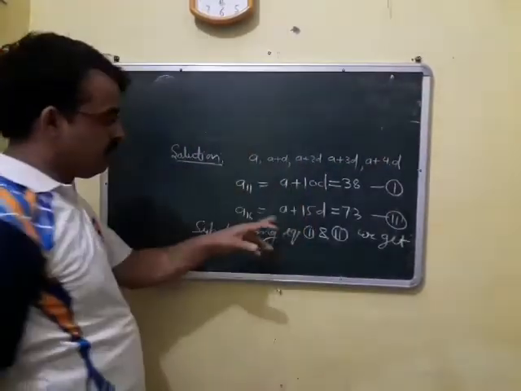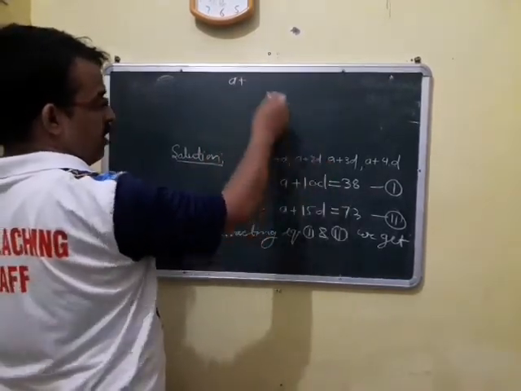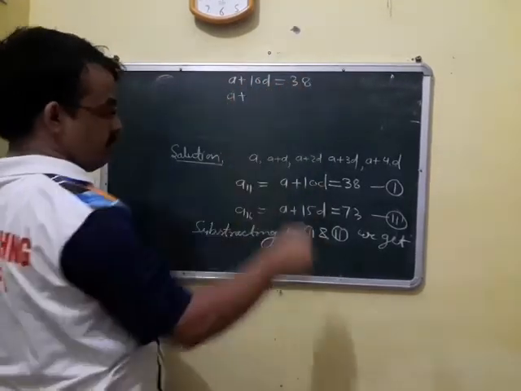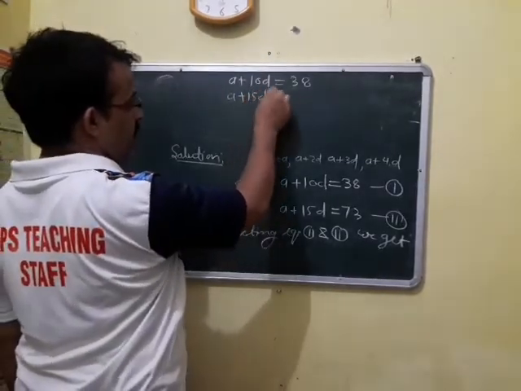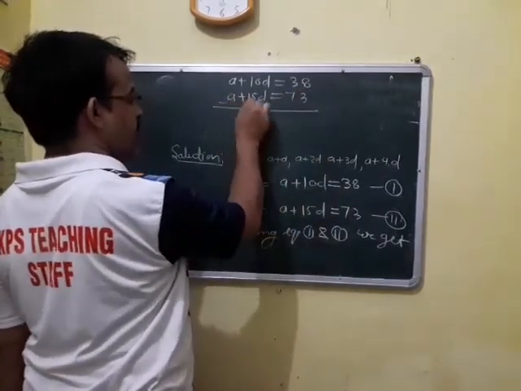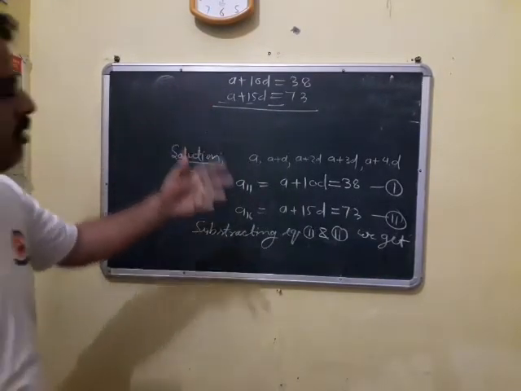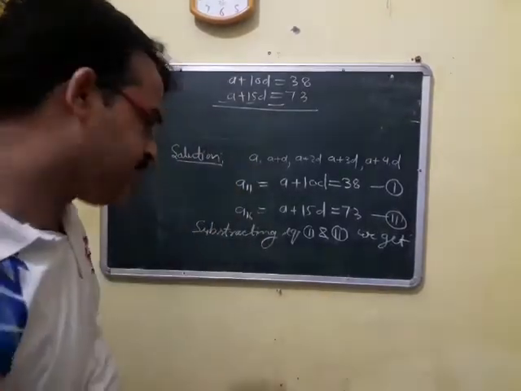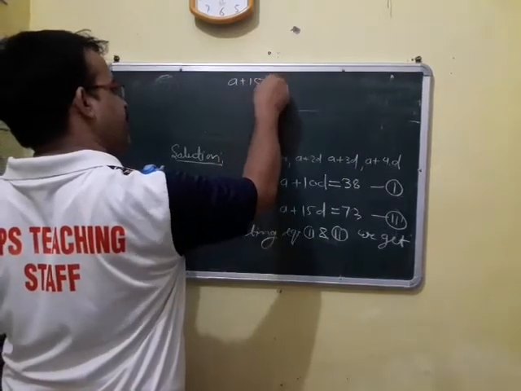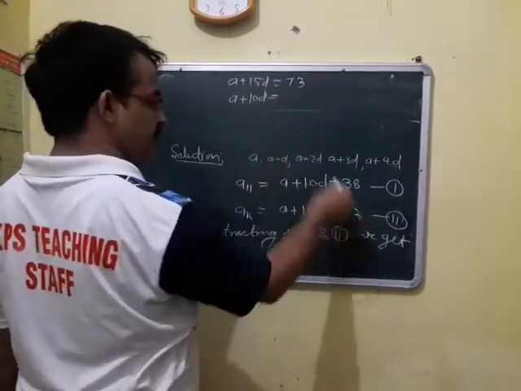Now subtract: a plus 10d is equal to 38 and a plus 15d is equal to 73. When we subtract, the signs change. Now write it as a plus 15d is equal to 73 and a plus 10d is equal to 38.